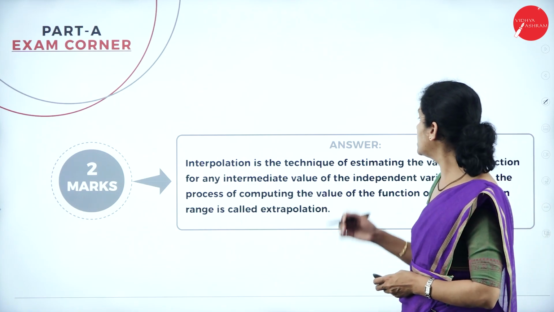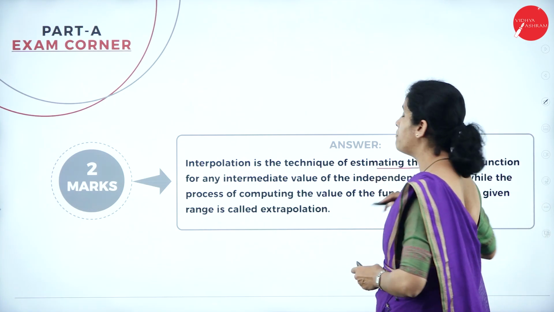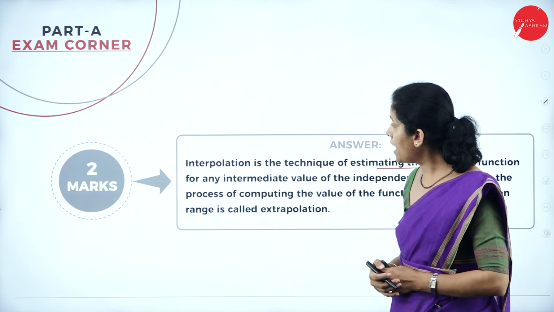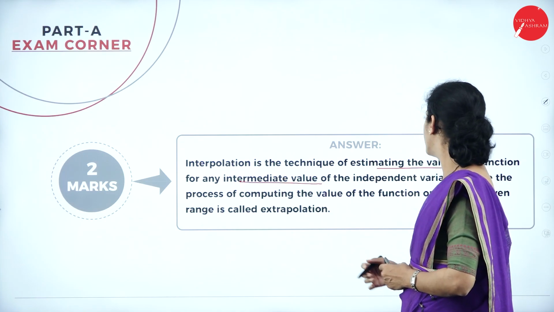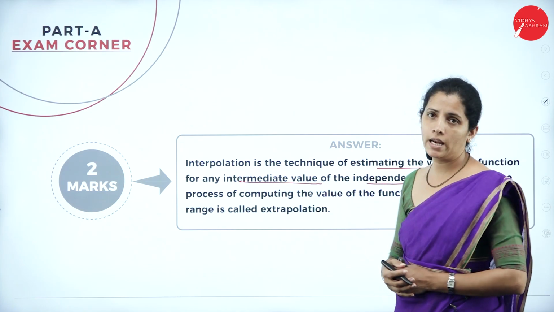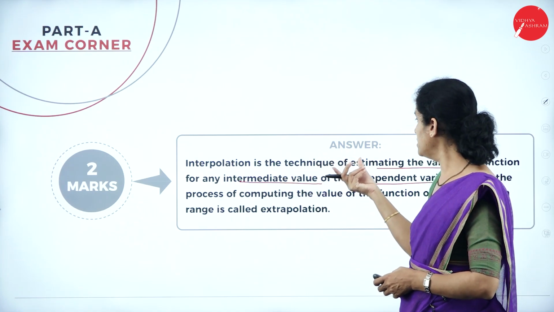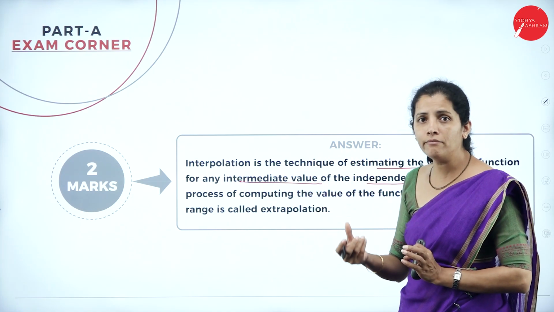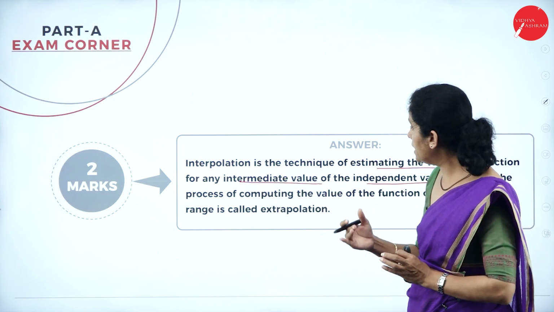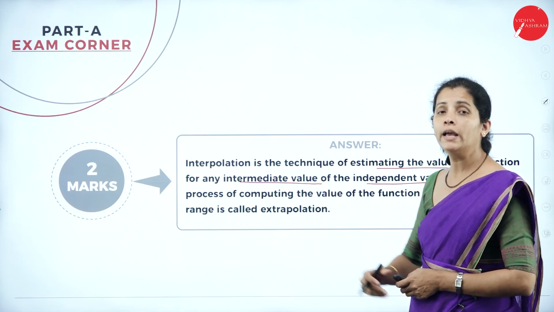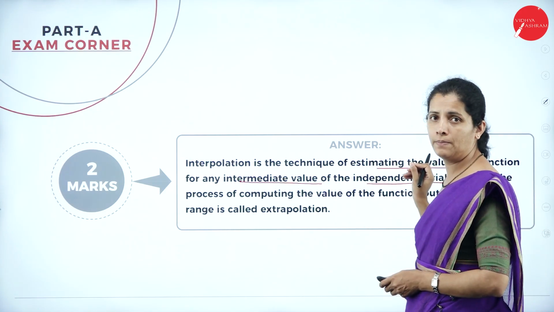Interpolation is a technique used for estimating the value of a function for an intermediate value of the independent variable. It is the estimating value that lies within some interval or depends on the independent variable.